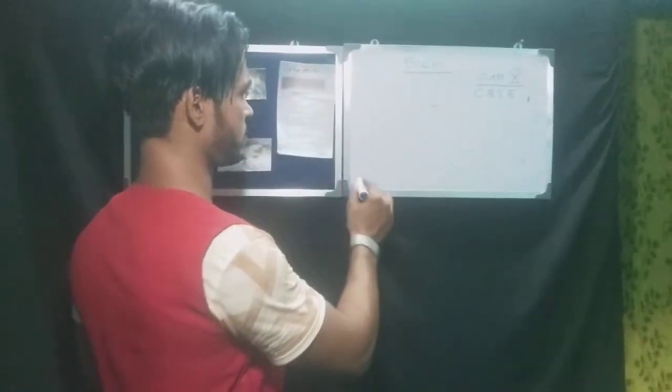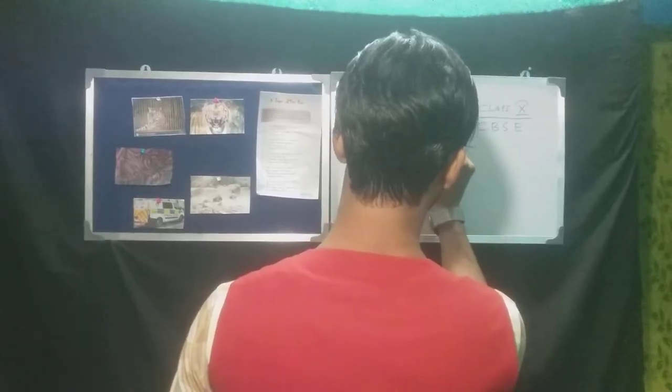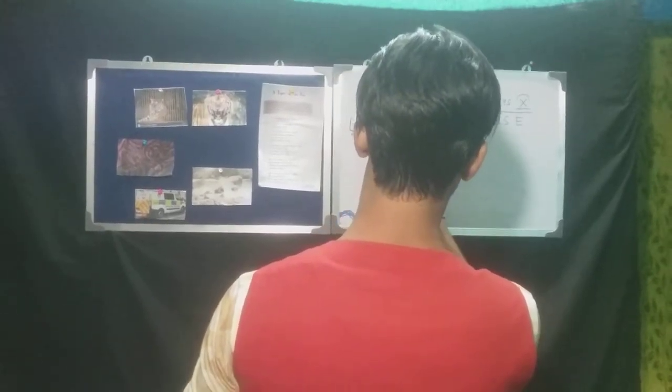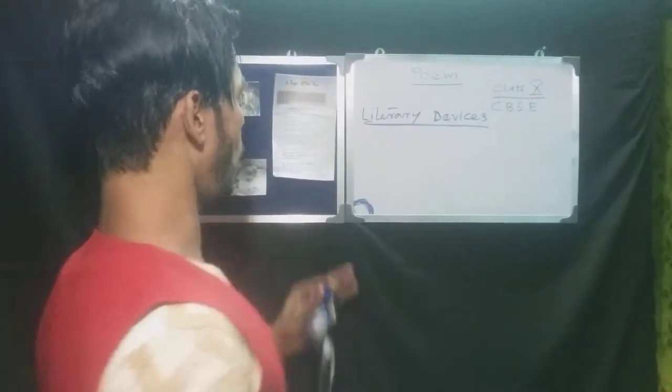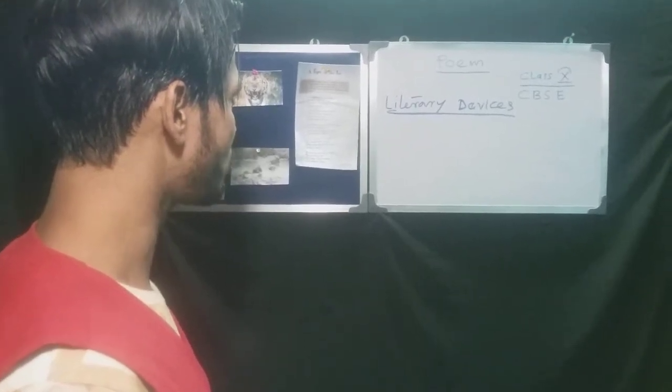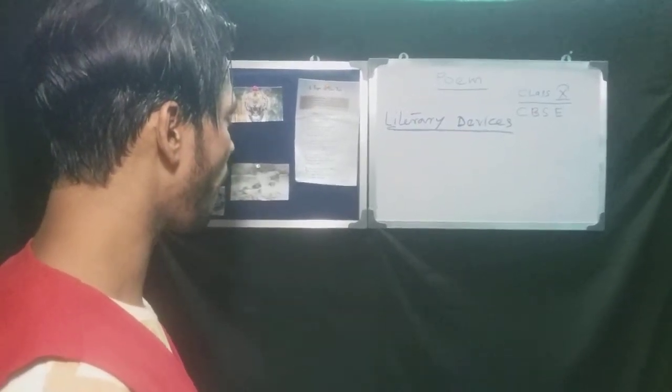Now let's go to check out the literary devices of this poem. He stalks in his vivid stripes the few steps of his cage, on pads of velvet quiet in his quiet rage.